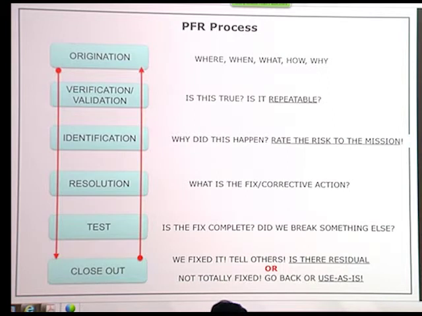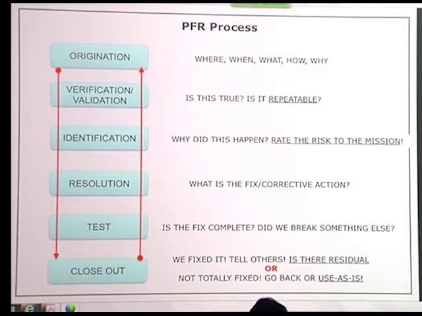And so, what is the process? How do we look at PFRs and get them to a point where we can close out the software issues? I list here a bunch of the steps that were necessary in trying to close out software issues.